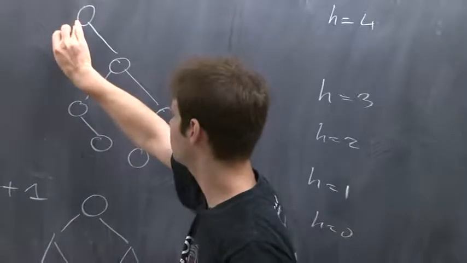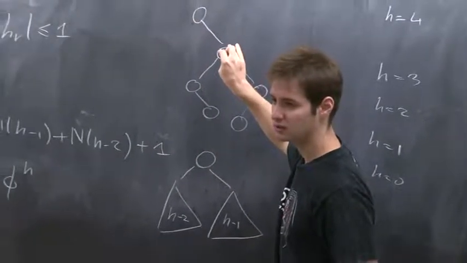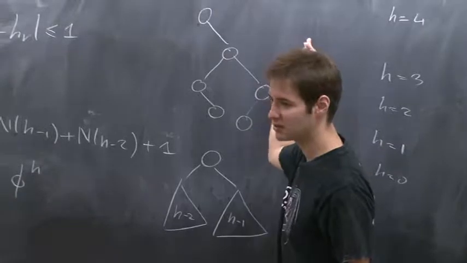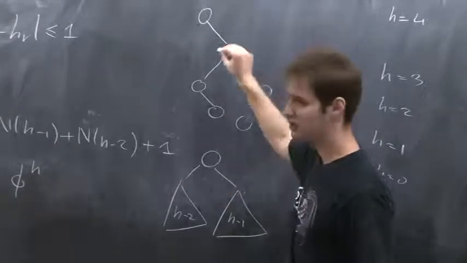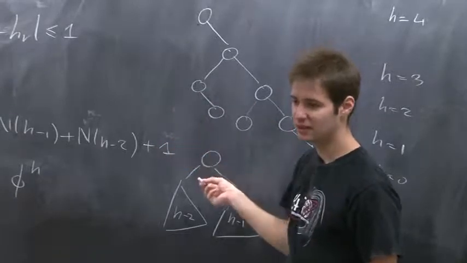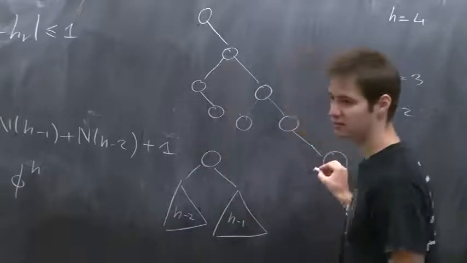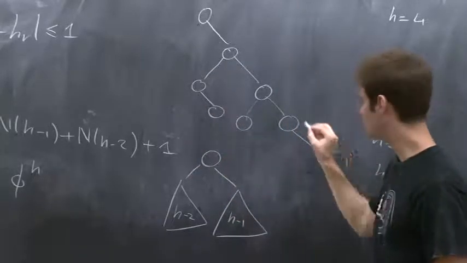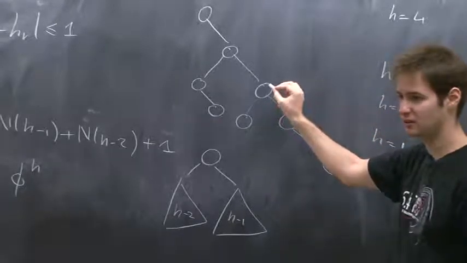If this node has to be at height 4, then it has to have a child at height 3. At least one child, otherwise it's not going to be height 4. Now, I need to build something here that has height 3. What should I build? The best AVL tree that I know that has height 3. I have to get to height 3 using as few nodes as possible. So I'm going to use this one because it has as few nodes as possible and it has height 3.